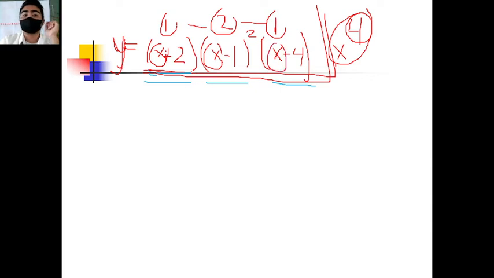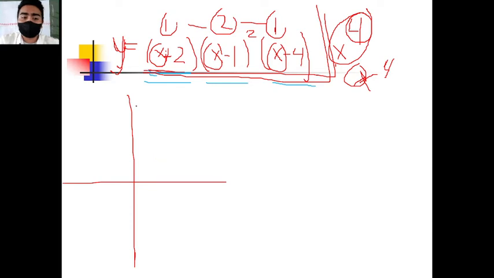We got here x raised to 4, because there are no negative x's. So, we could clearly say that it is positive. When it is positive, we could clearly say that the graph of that function ends in the first quadrant.